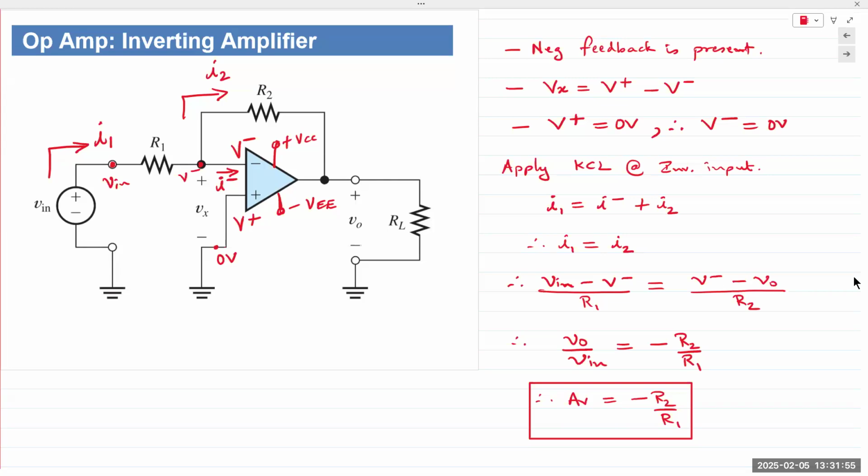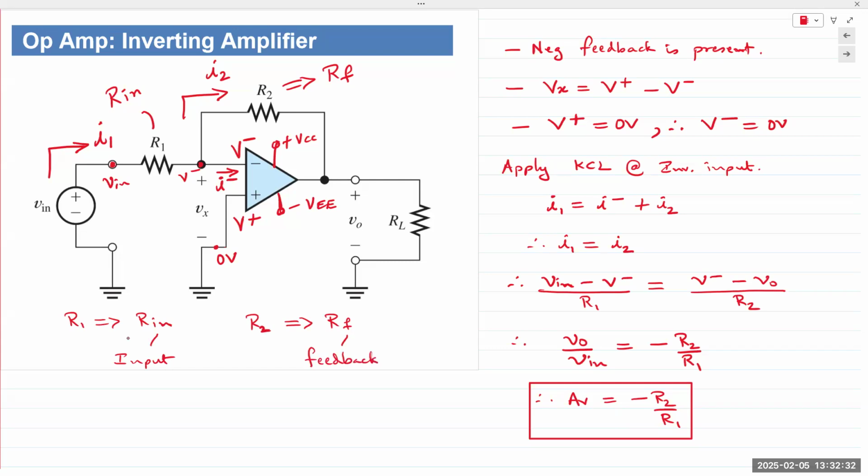In some books, R2 is referred to as the feedback resistor RF, and R1 is referred to as RI or Rin. So R1 would be referred to as Rin, in for input, and R2 would be referred to as RF, F for feedback.